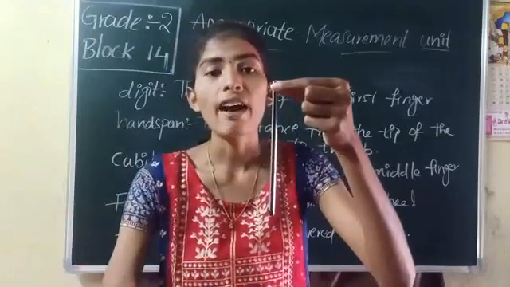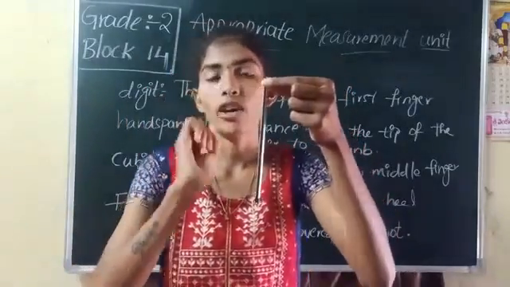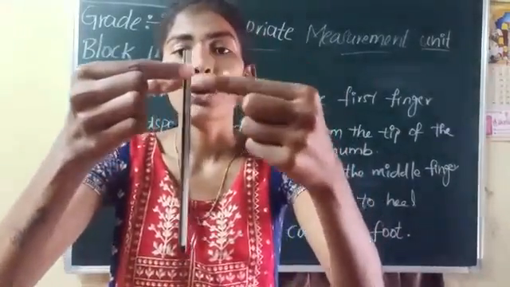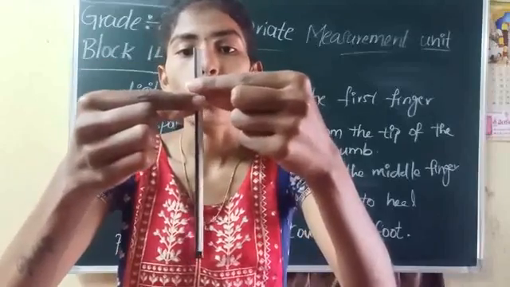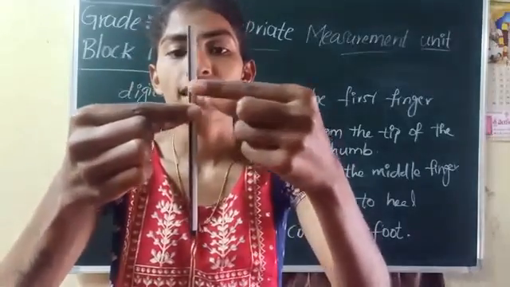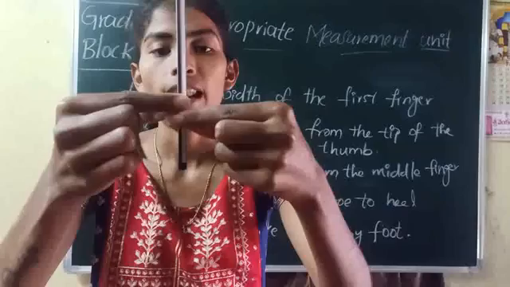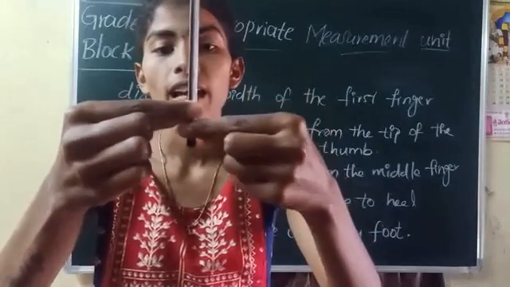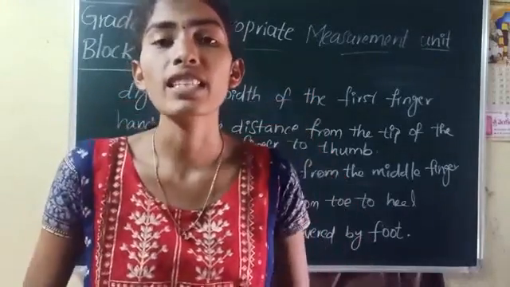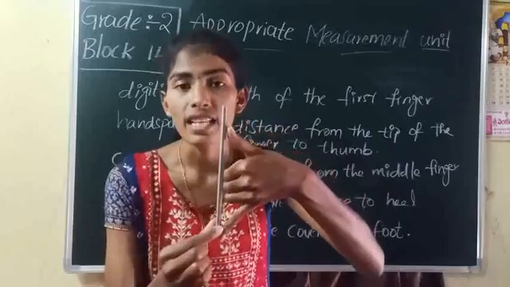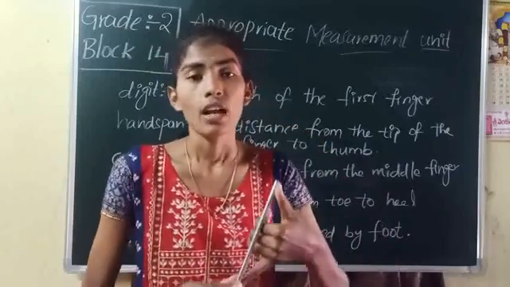Like this you can measure: 1, 2, 3, 4, 5, 6, 7, 8, 9, 10, 11, 12, 13, 14. So like this you can use your digit and hand span to measure the length of the given thing.